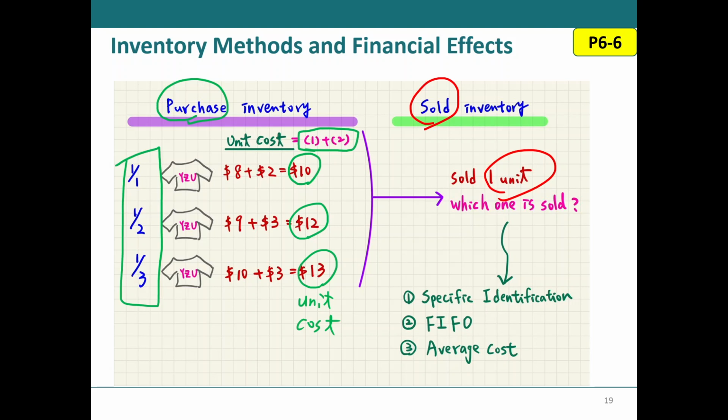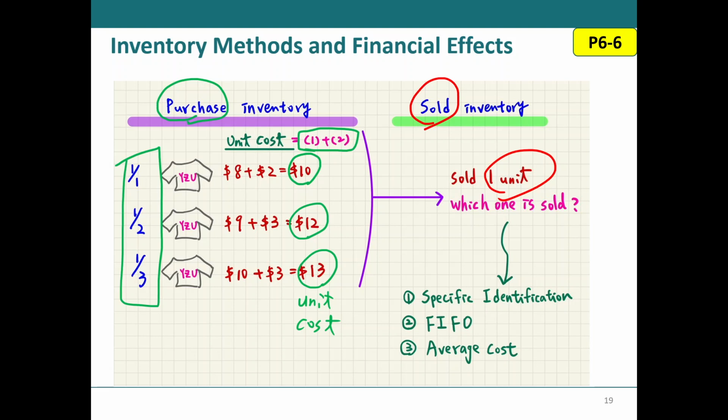In the middle. See? So what's the problem? The problem is when buyers try to buy inventory, they pick in a different order, right? So for 7-Eleven, for Family Mart, do the sellers know which one was sold? In most cases, they don't know which one was sold.